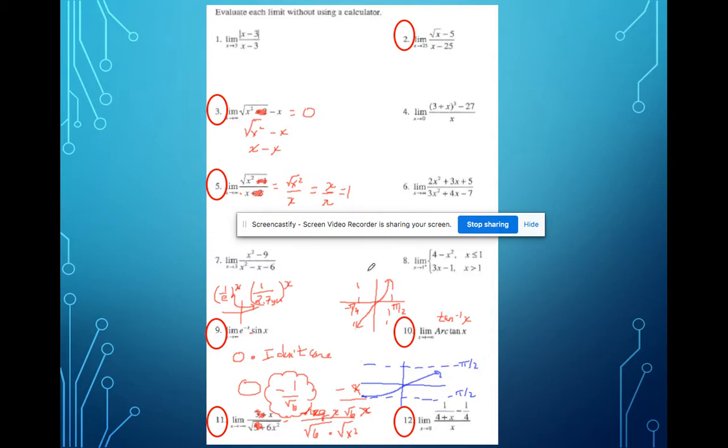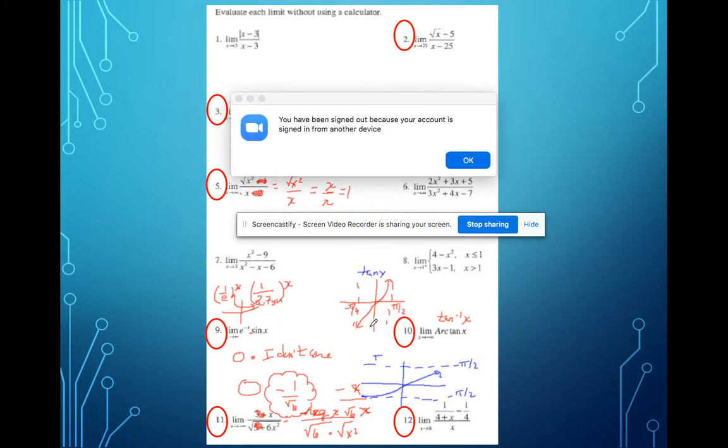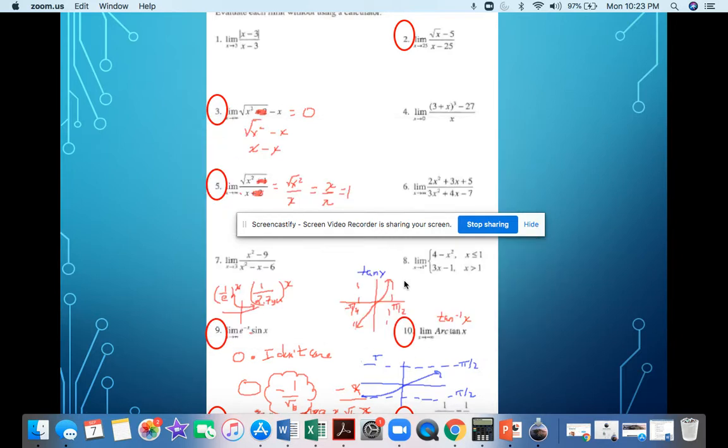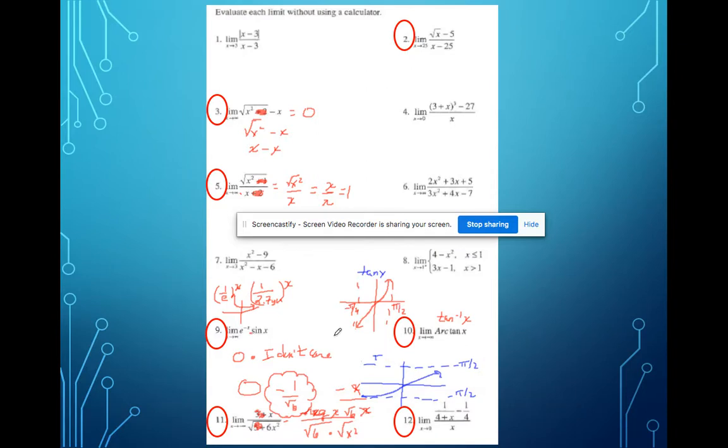This is tangent, and this is inverse tangent. Sorry about that. Crazy.